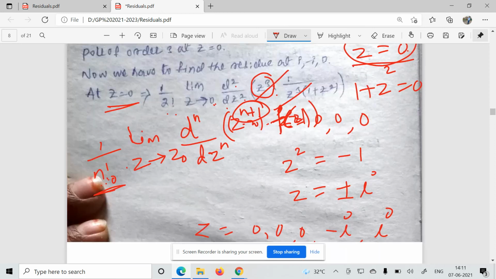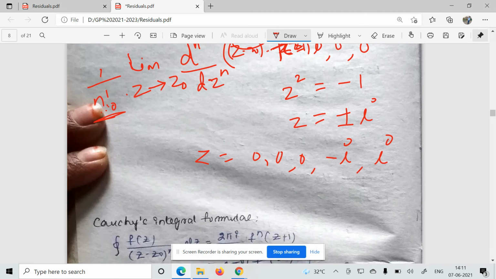The z cube cancels, and the remaining part is d square by dz square of 1 by (1 plus z square), limit z tends to 0.